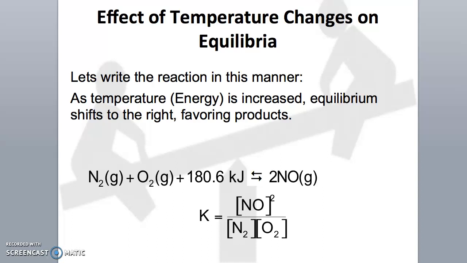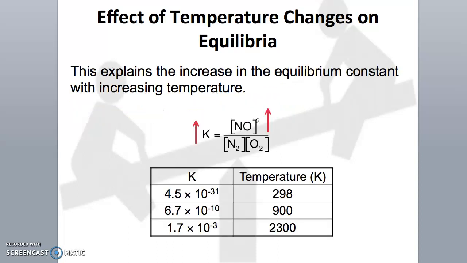The number value is shown here. If we increase this heat, the equilibrium shifts to the right in an effort to reduce this extra energy and reestablish the equilibrium. This results in the formation of more products, which increases the value for K.